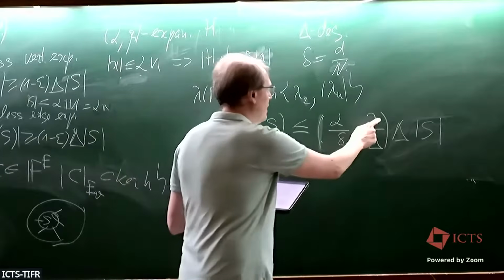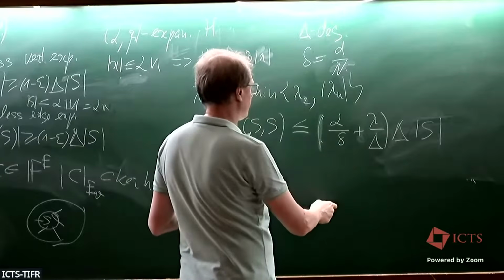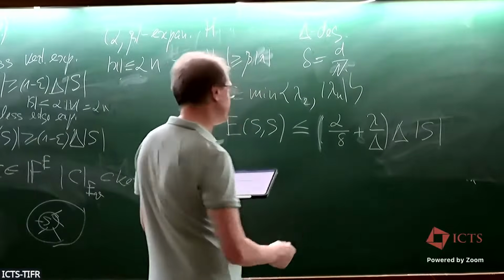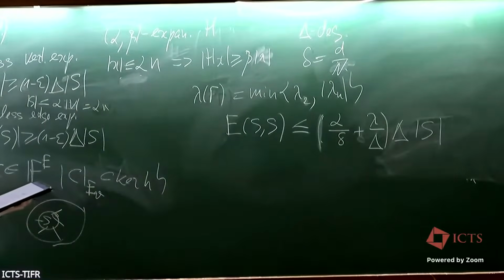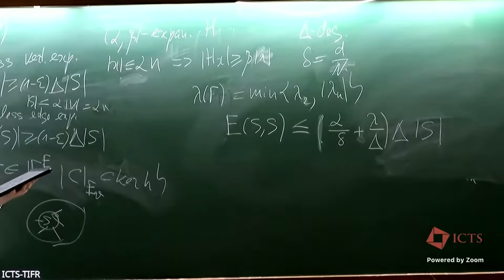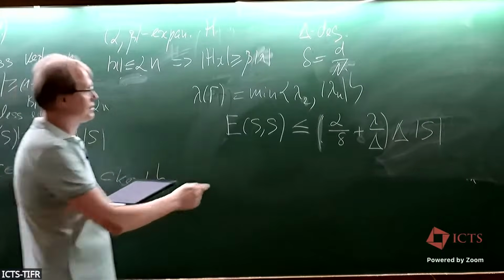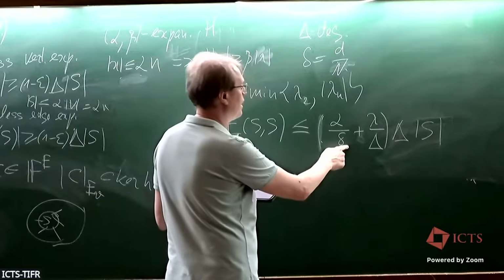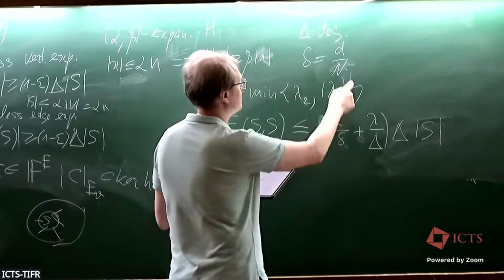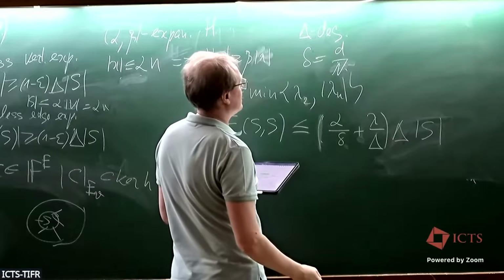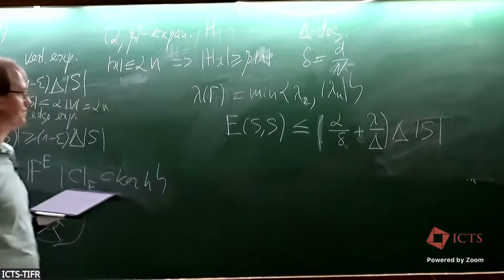It should be alpha times delta, and the little delta should be capital delta divided by degree.